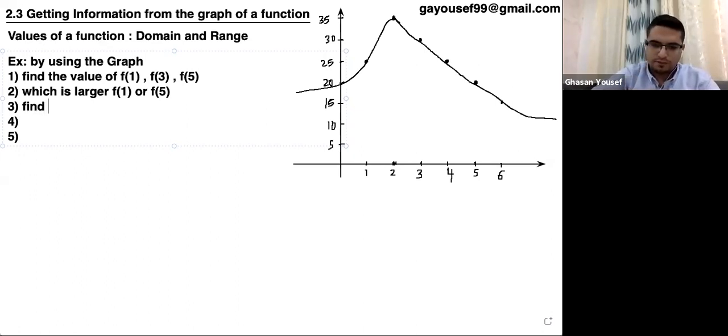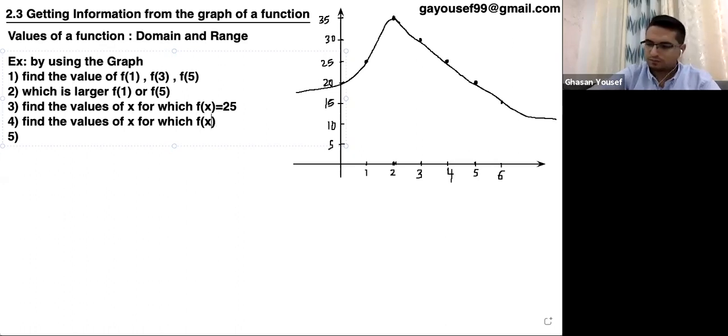find the values of x for which f of x equals 25. And question number 4, find the values of x for which f of x is greater than 25.